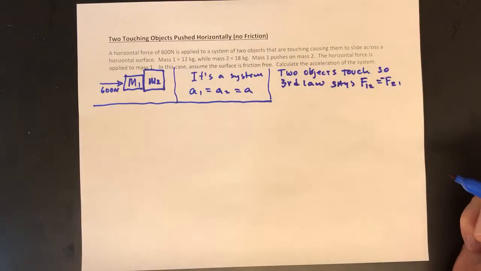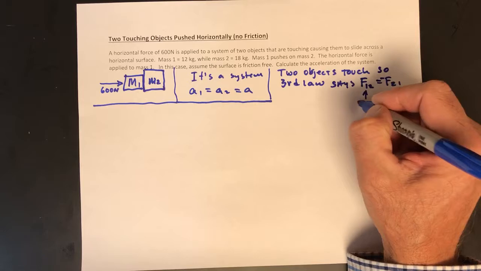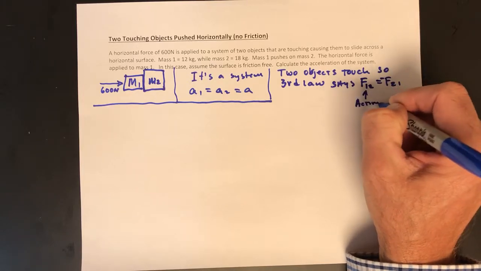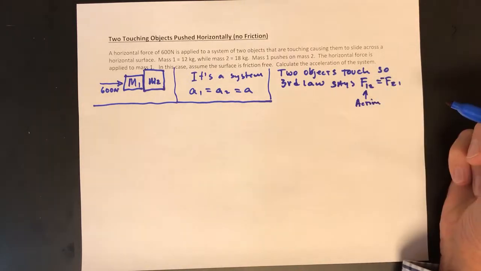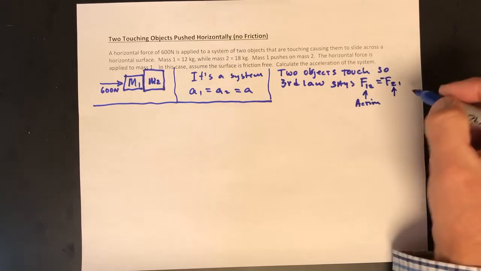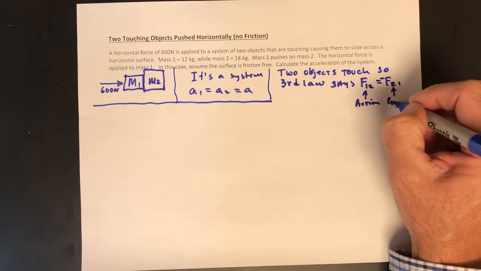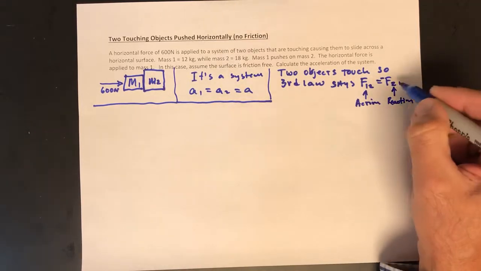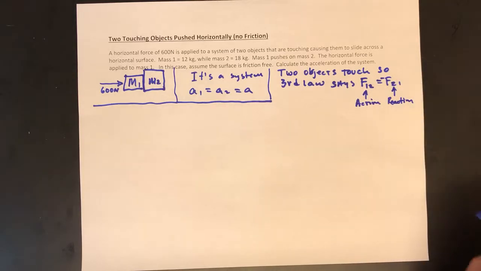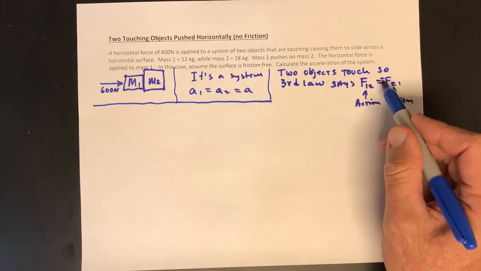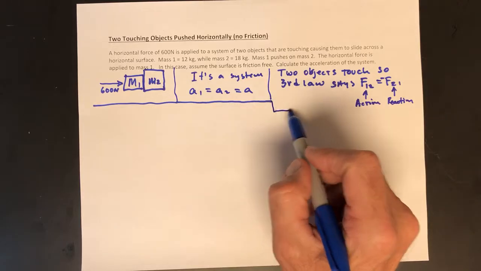That negative sign refers to the opposite direction. We call this the action force, 1 acting on 2, and this is the reaction force of 2 acting on 1 in the opposite direction. Again, the negative tells us that it's in the opposite direction.